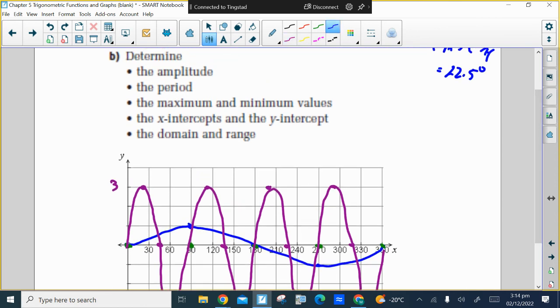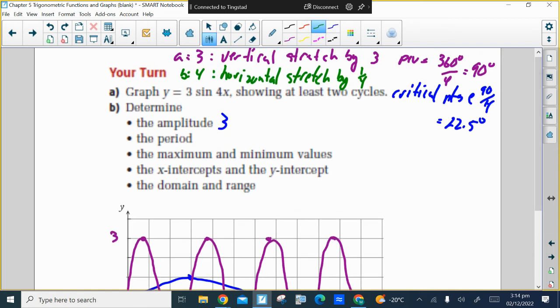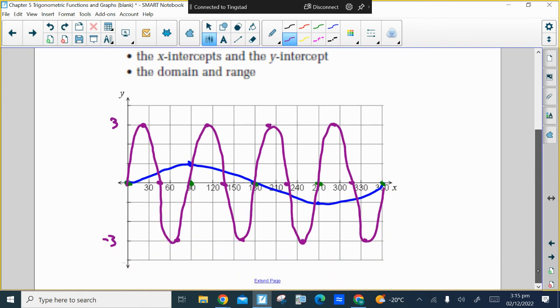Our amplitude is 3. We've already stated our period above there. It's every 90 degrees. Our maximum values are plus and minus 3. Our x-intercept. Our first one is at 0.